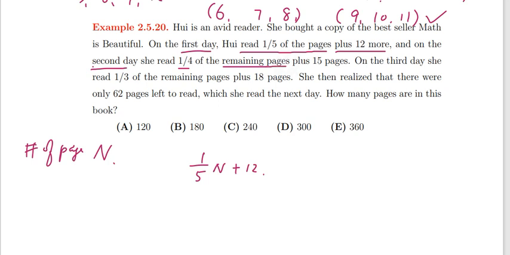So what is the remaining pages? The remaining pages is A minus (1/5 A plus 12), right? So this is the remaining pages. So she read 1/4 of this remaining pages, then plus 15 pages.